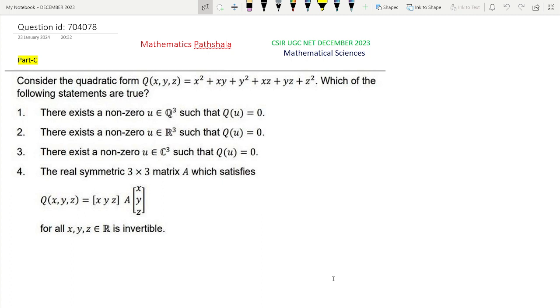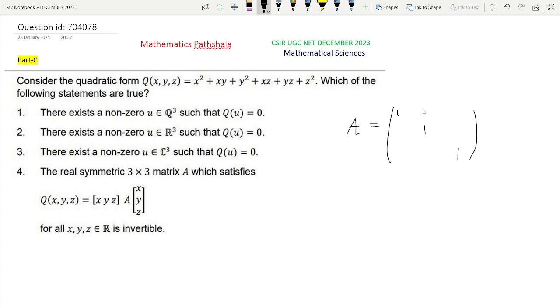So first we have to find the associated symmetric matrix corresponding to this quadratic form. That is, we get A equal to this matrix. The diagonal is 1, 1, 1, corresponding to the coefficients of x square, y square, z square.